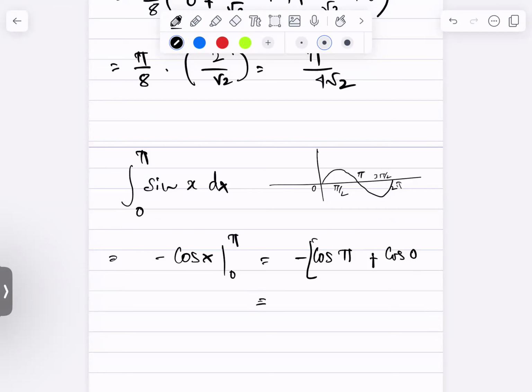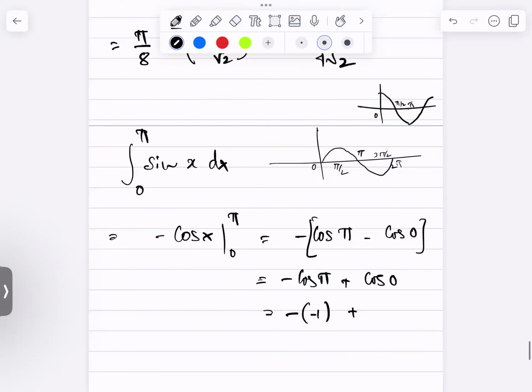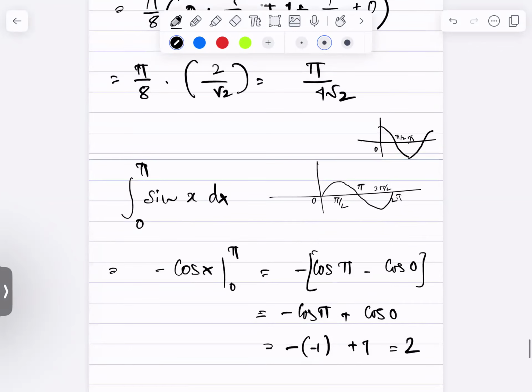For cosine pi, if I draw it, then it should go like this. This is 0, this is pi over 2, this is pi. So cosine pi is negative 1, and cosine 0 is just 1, so this should be 2.